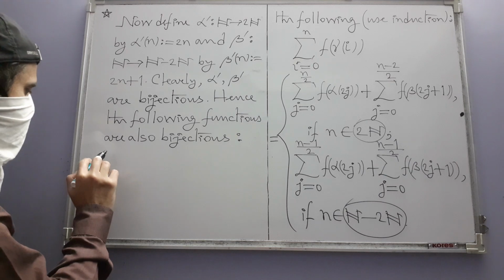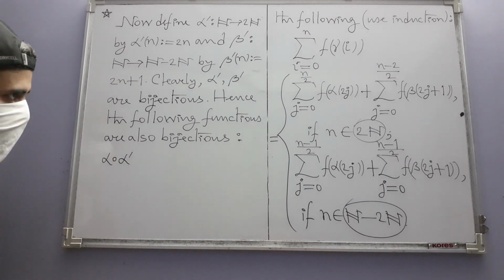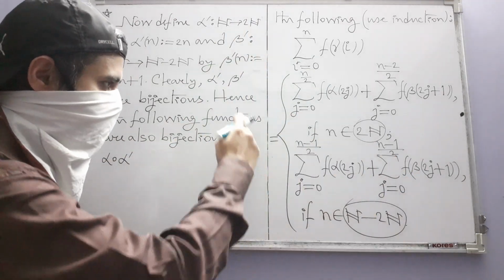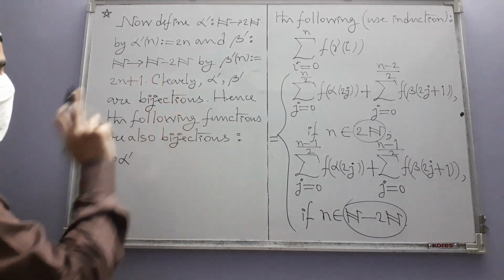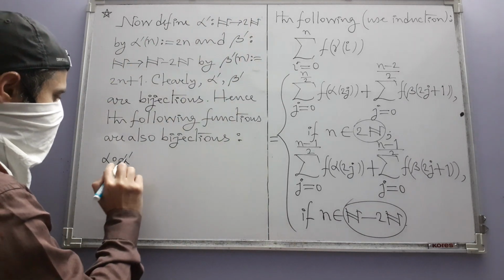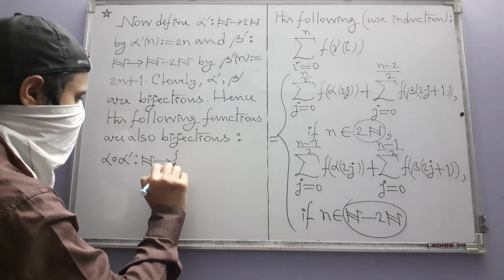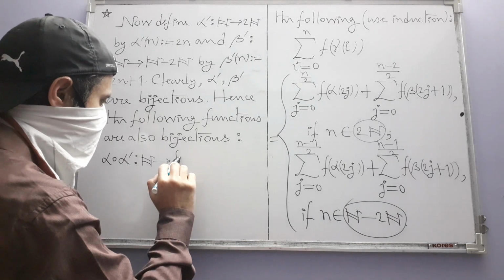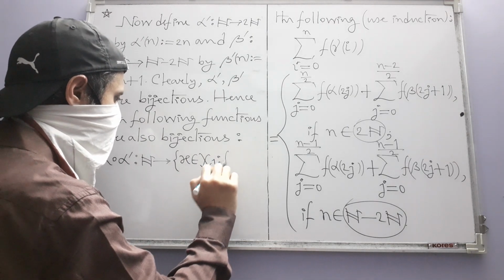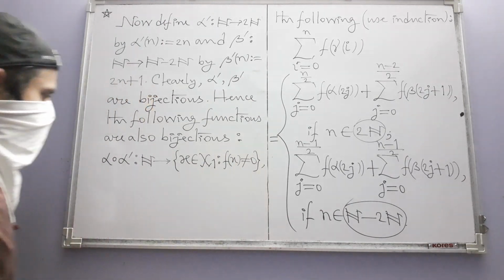One of them is alpha composition alpha prime. So alpha originally is a function from 2n to that first set which has x1, and alpha prime maps n onto 2n. So alpha composition alpha prime maps n onto this one.